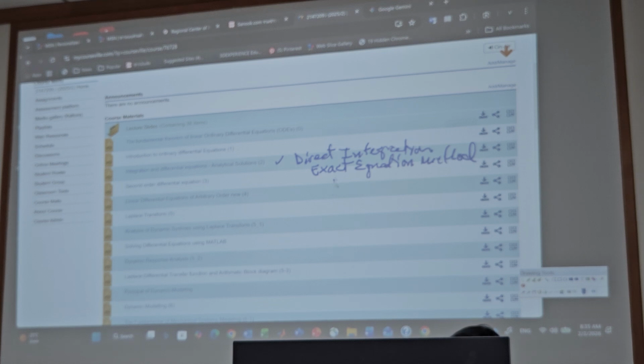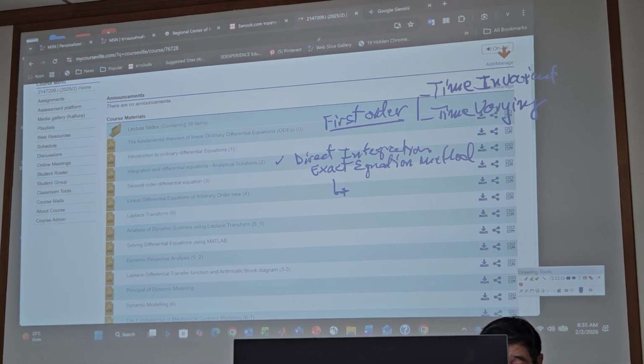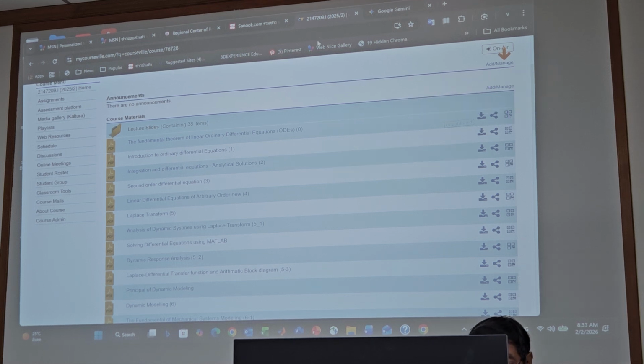And some specifics. This one we cover first order, right? Time varying as well as time invariant. And you have some methods about this one.